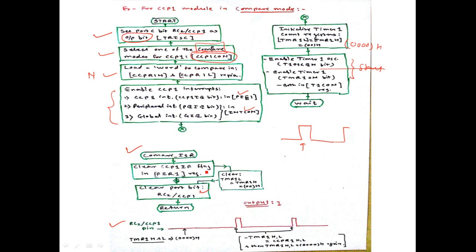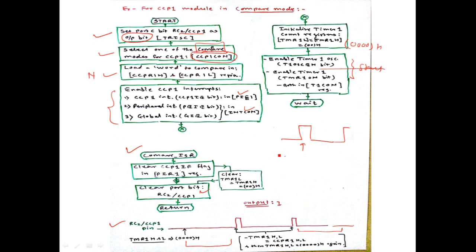So in the ISR you do all this, and again you make the pin low. So a sharp pulse will be generated at the pin, and your timer is restarted. So once again after the same time interval, whatever time interval you have here, you will get an interrupt, and again a pulse will be generated. So this will keep on happening continuously.